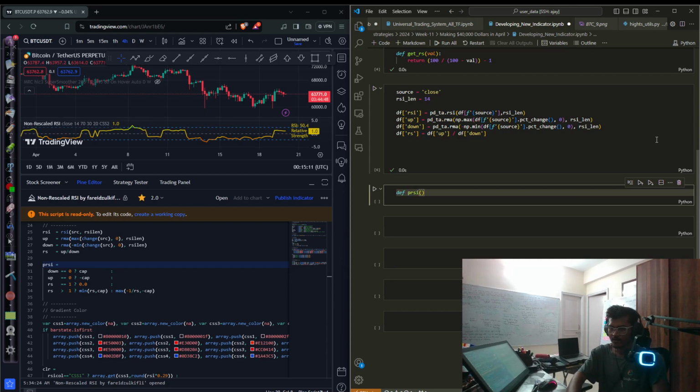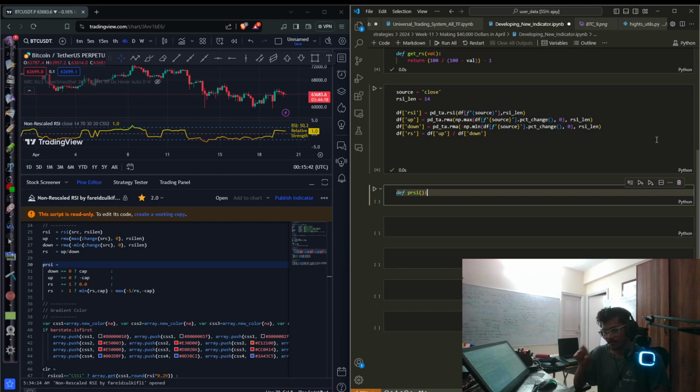We have another function, PRSI. If down is equal to 0, then we use the cap value.